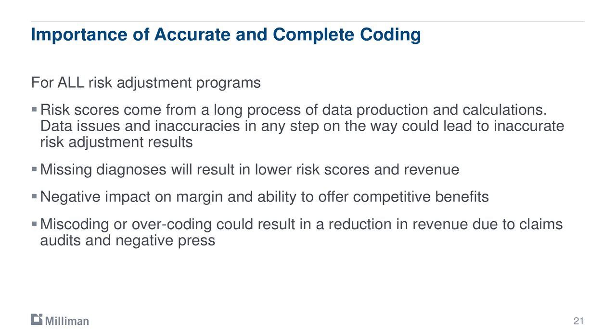At any step along the way, there may be inaccuracies or data issues that will result in inaccurate risk scores. So if you as a provider entity are only sitting at the very end of this production chain, receiving data from your payer, this may not be helpful.